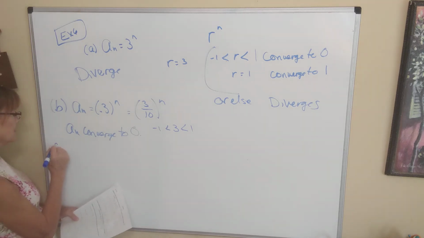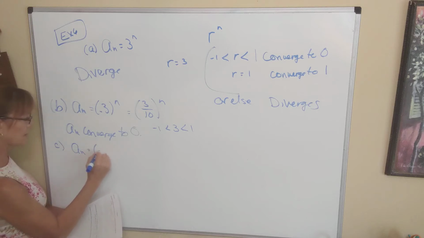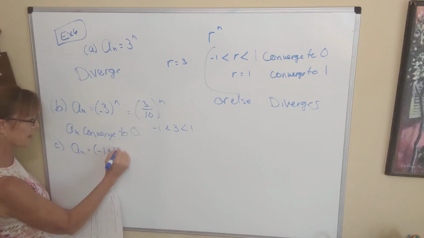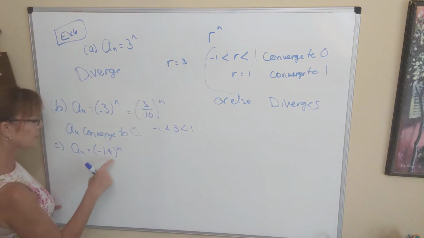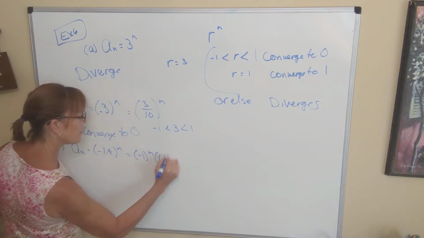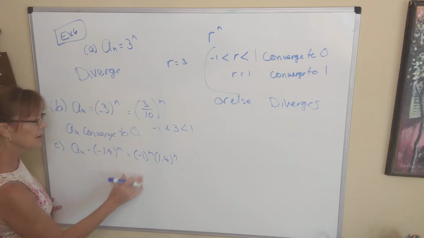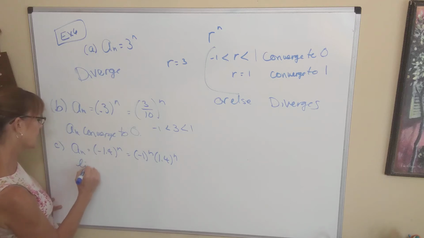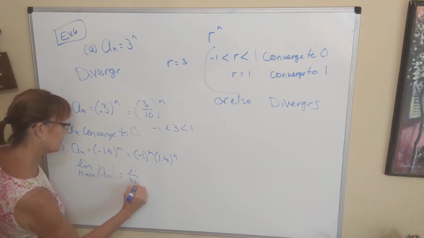Let's look at C. All right, we've got a sub n is equal to -1.4 to the n. All right, well, that negative, let's pull it out. -1 to the n, 1.4 to the n. Okay, this is positive, negative, that's what that's doing. Okay, what's the limit as n goes to infinity of the absolute value of a sub n?